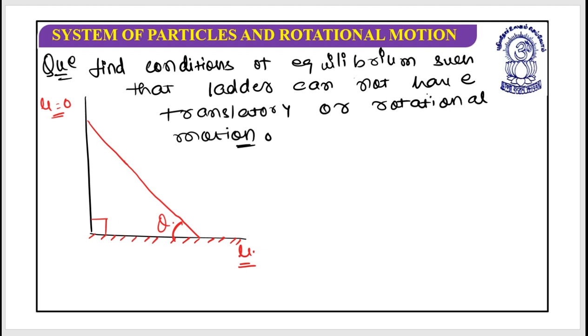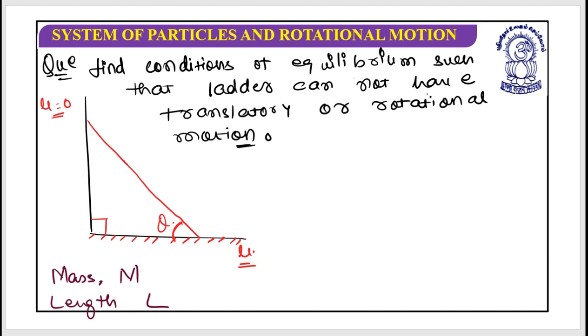What I understand is, let's first write down all the forces that are acting on this. This ladder has mass m and length L, and it is resting with the support of the wall and the floor.